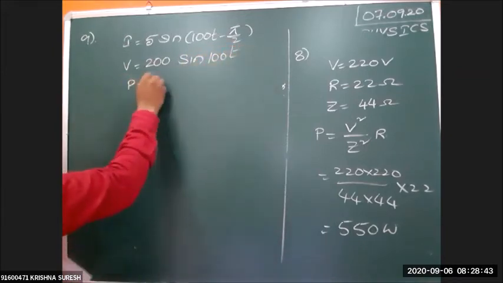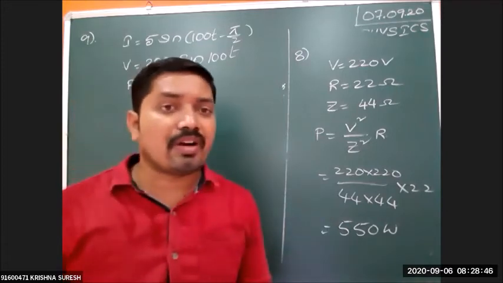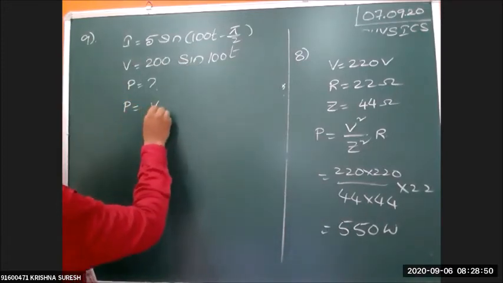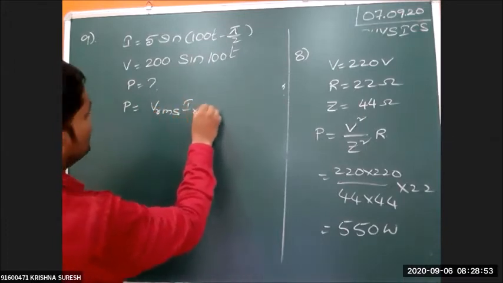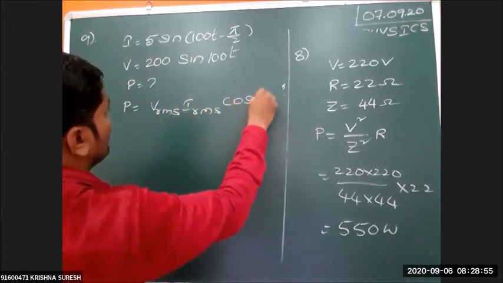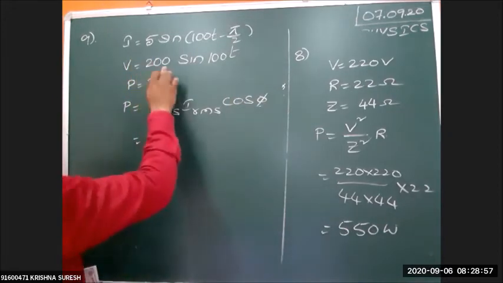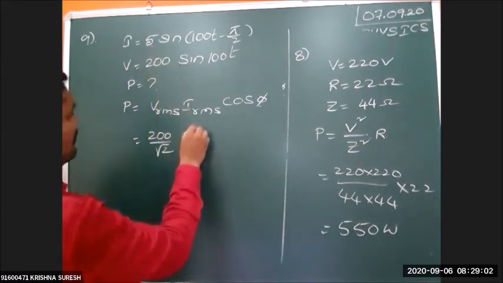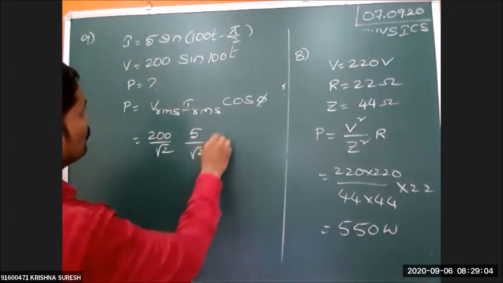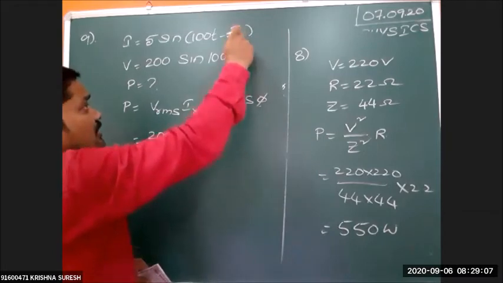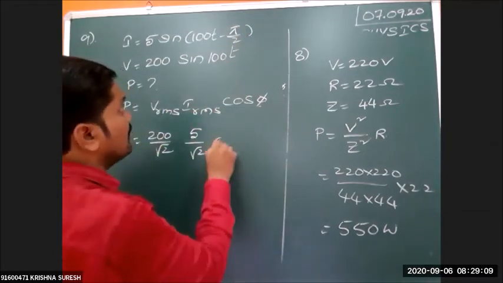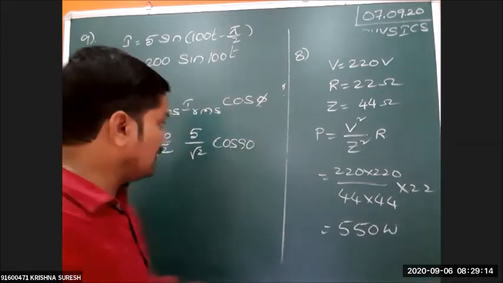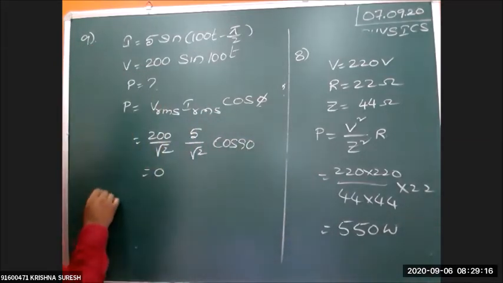The power formula is nothing but VRMS IRMS into cos phi. VRMS means 200 by root 2, IRMS is 5 by root 2. What is the phase difference? 90 degrees. Then here cos 90, and the cos 90 value is 0. Then the final answer is 0.